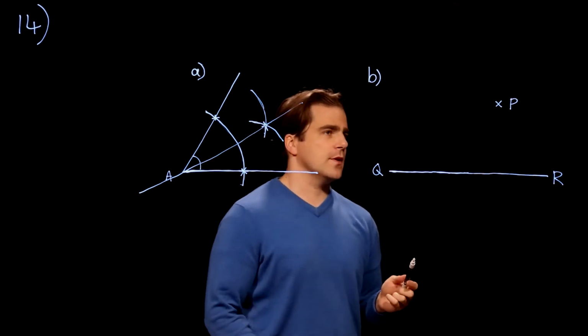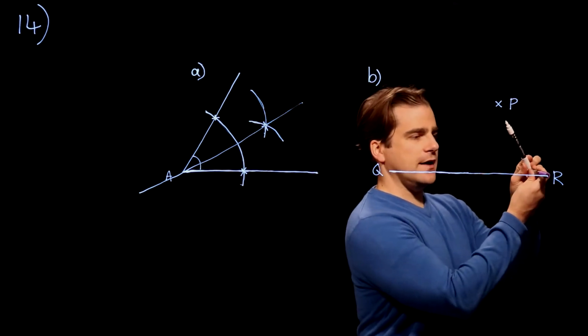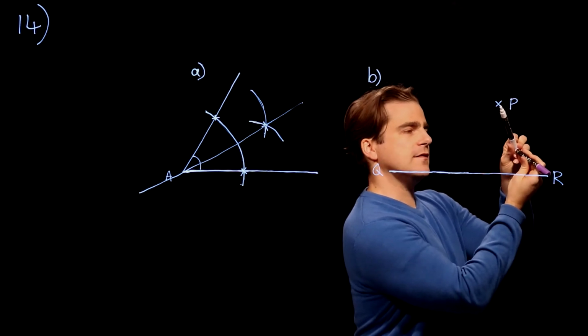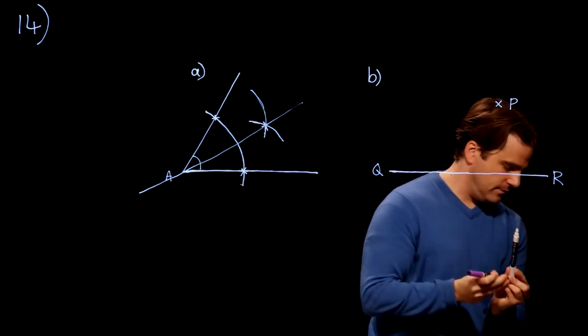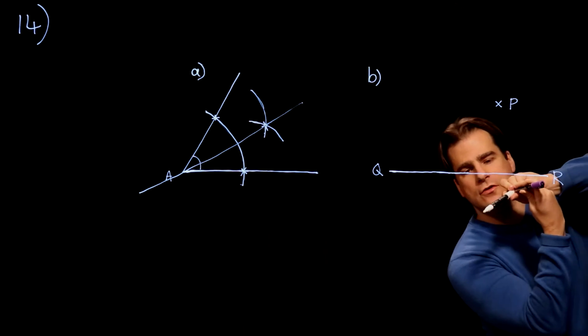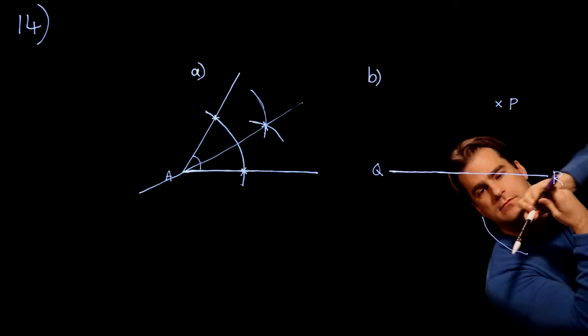So, what you do, take your compass, stick the spike in at R, set the length so the pencil lands on P, keep it at that length, and draw an arc, like so.